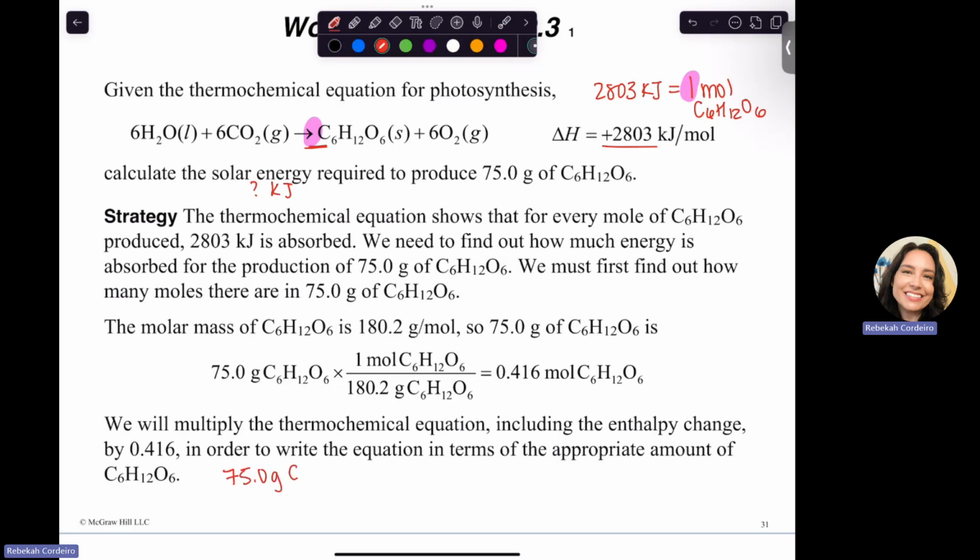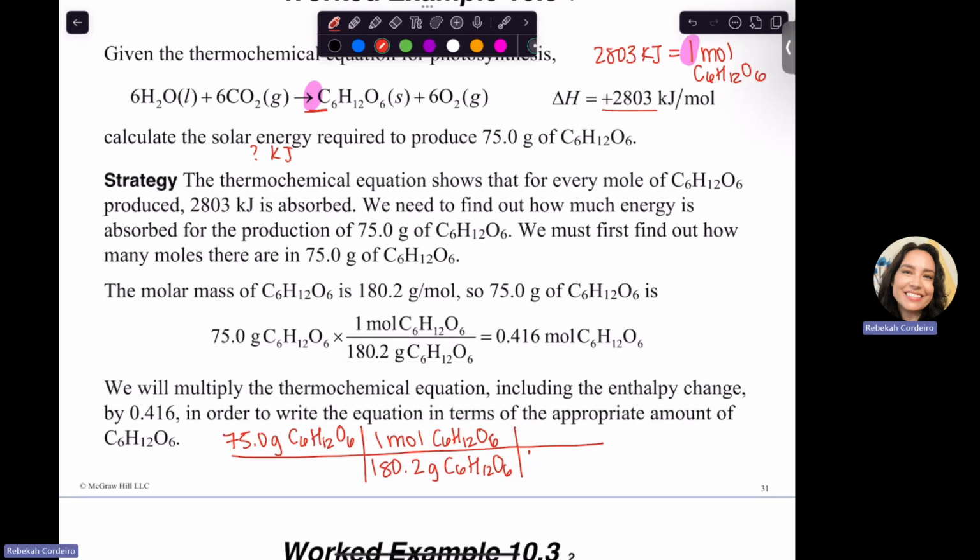So just start with your grams, and we can use our molar mass. This should all be familiar. If you feel like, uh-oh, this is not familiar, then you can go back in your textbook and do a little bit of work there. Come into office hours, go to SI, get some refresher on stoichiometry. And then we know for every 1 C6H12O6, we have to put in 2803 kilojoules.